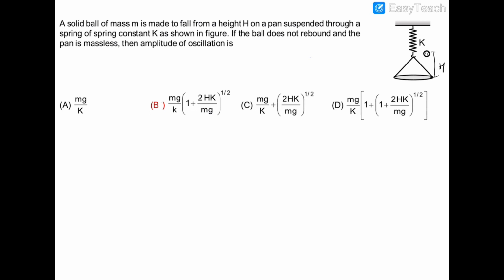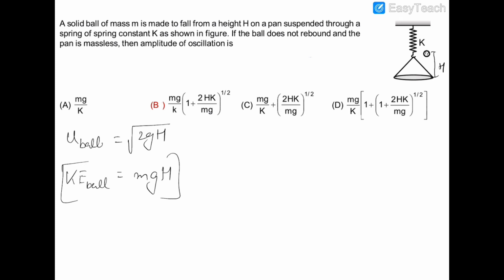So if this pan is massless, then the velocity with which the ball strikes the pan will be under root 2gh, and the kinetic energy of the ball will be equal to mgh. So this is the kinetic energy of the ball.